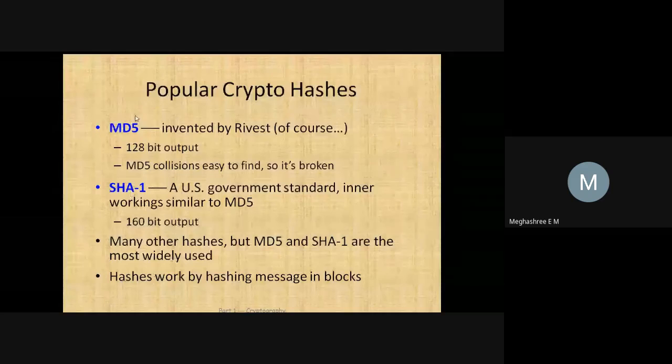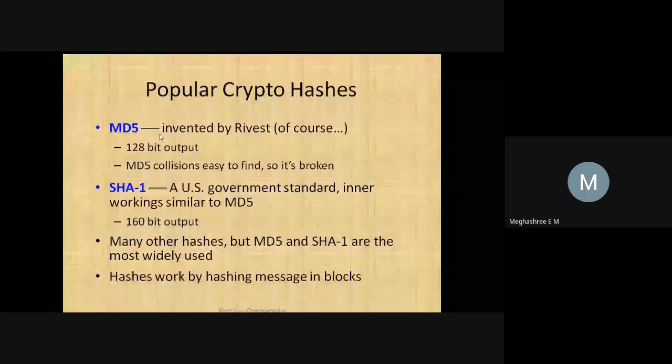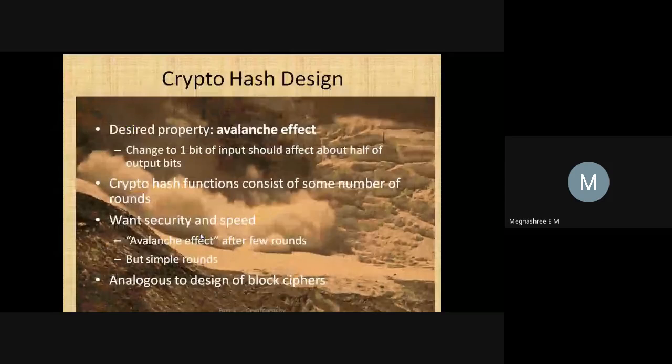In MD5 and SHA1, hashing is performed on the message, where messages are represented in the form of blocks. As time passed, even SHA was no more secure because collisions were found in this algorithm as well. So we moved on to the next secure hash function, which I'll be discussing in the next slide.